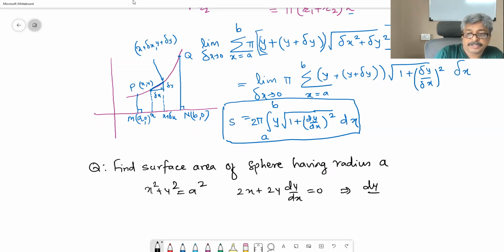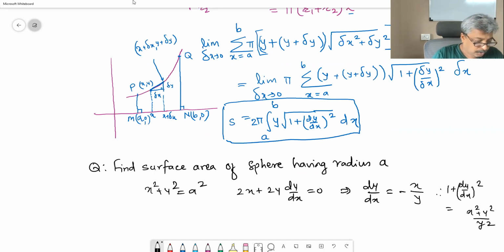Therefore dy by dx is equal to minus x by y, and therefore 1 plus dy by dx bracket square is equal to x square plus y square upon y square, and y is equal to radical x square plus y square, which is equal to a.